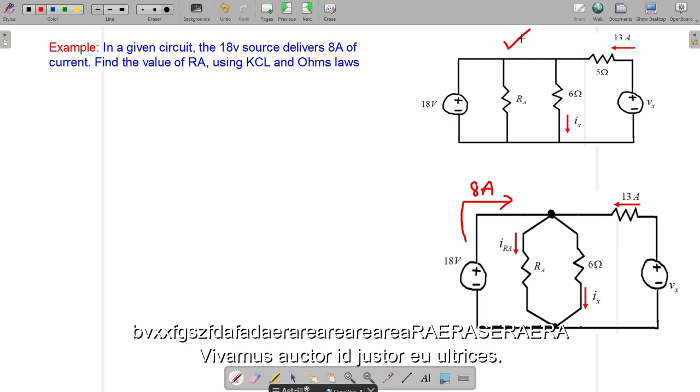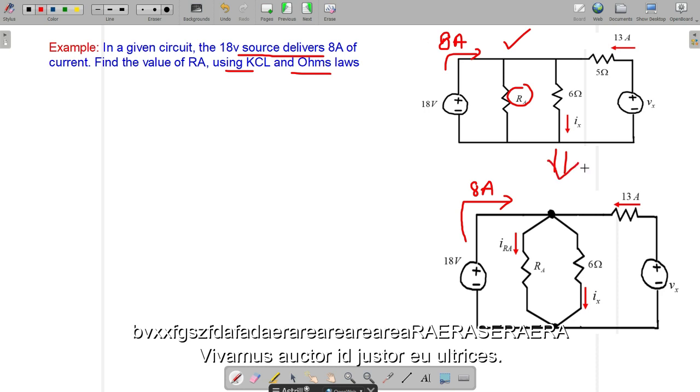We take this circuit, and you see that the 18 volt source supplies a current of 8 ampere to this circuit. So we need to find RA, this is RA, using Kirchhoff current law and Ohm's law. So we redraw the above circuit.